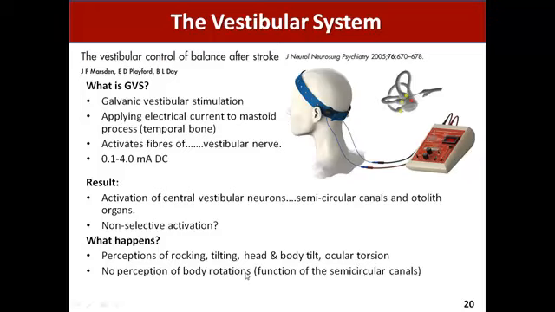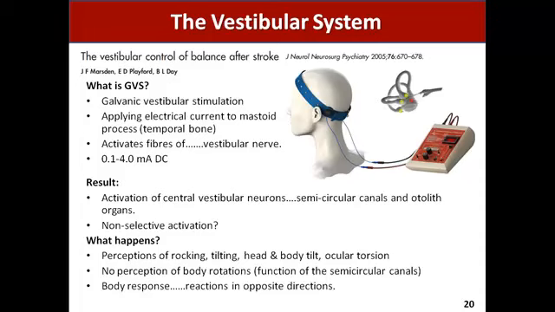As a general understanding, most people will not perceive body rotations, which is a function of the semicircular canals, which gives rise to the suggestion that perhaps this type of stimulation is selective to the otolith organs, but as I mentioned earlier, that conclusion has not received wide agreement.